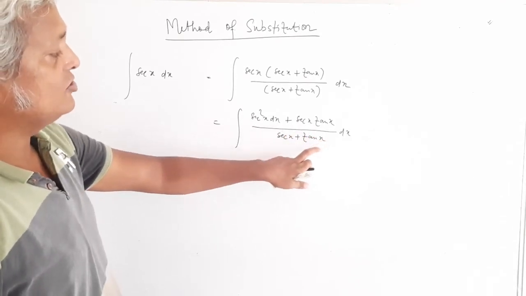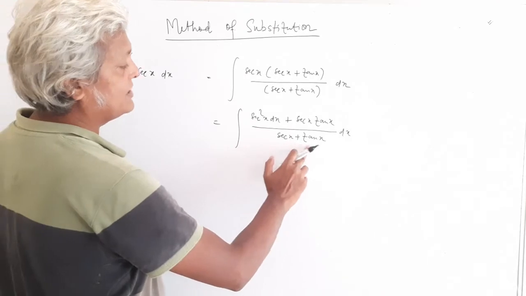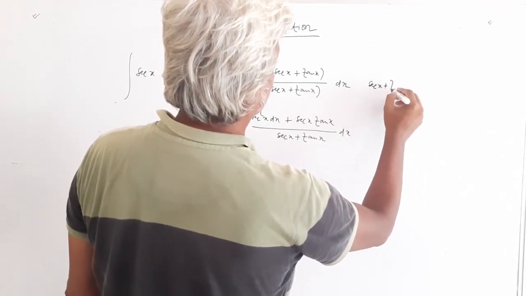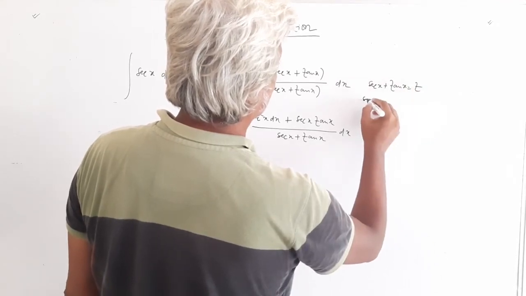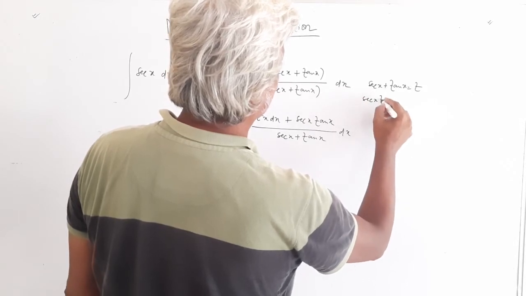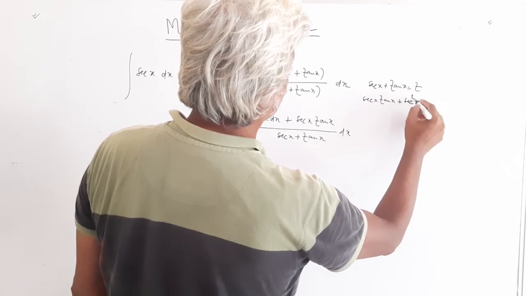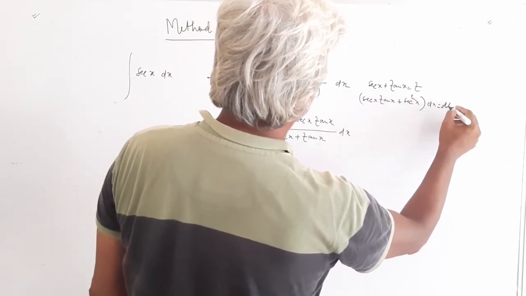It means you can substitute this sec x plus tan x as t. So I write sec x plus tan x is t, and then I'll get sec x tan x plus sec square x whole dx as dt.